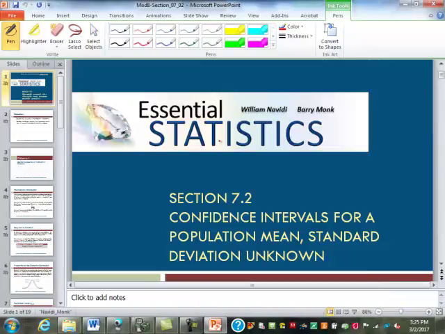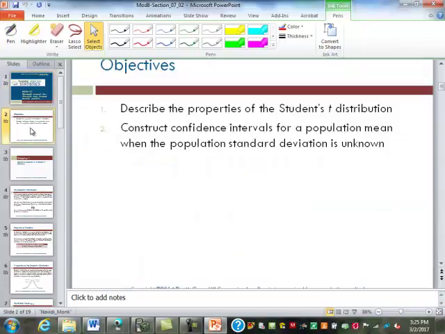In this section, we're looking at constructing confidence intervals again, but what if the standard deviation of the population is not known? Now we're going to be looking at a different distribution. We cannot use the normal distribution, the Z distribution, anymore.